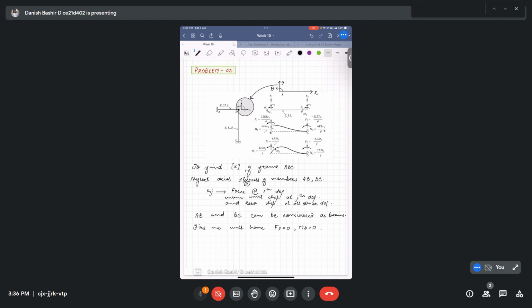We will find Fx that will be produced when we give delta equal to 1 unit along the x-axis.